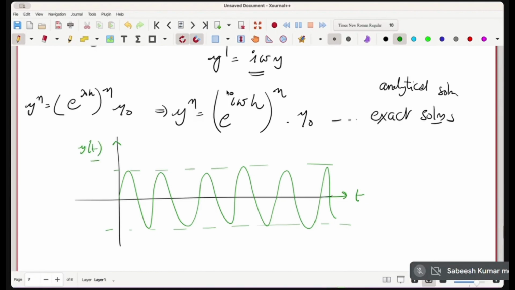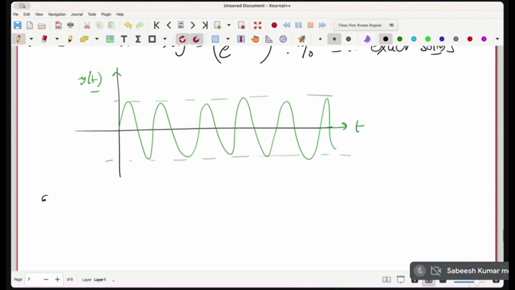Now, what will happen if I try to calculate this using the explicit Euler method? But before I do that, we have already seen this in discussing the explicit Euler method. We said the explicit Euler method is basically never stable for purely imaginary lambda, right? Why did we make this statement? We said that the stability diagram, which is a circle, is never touching the y-axis.